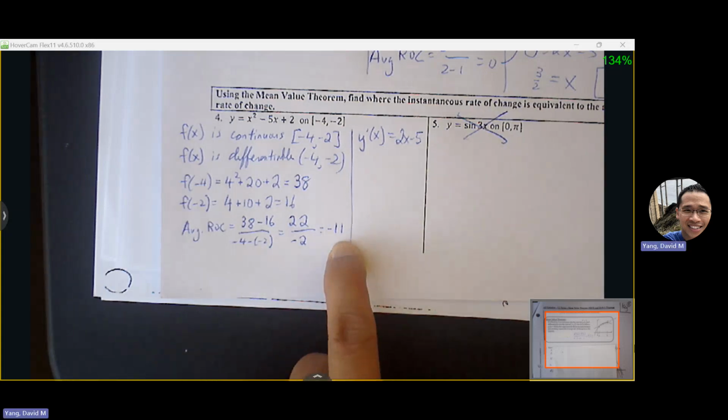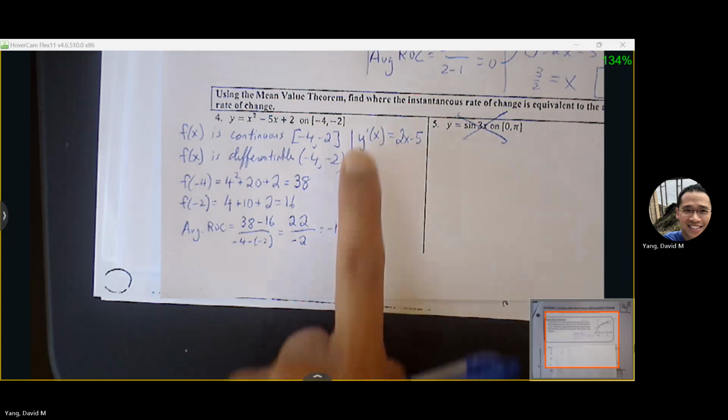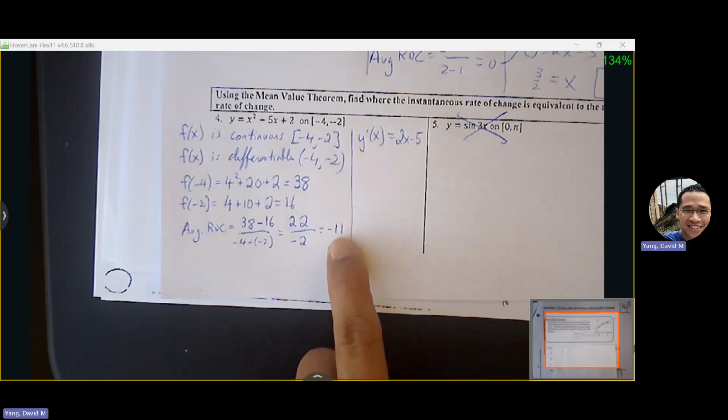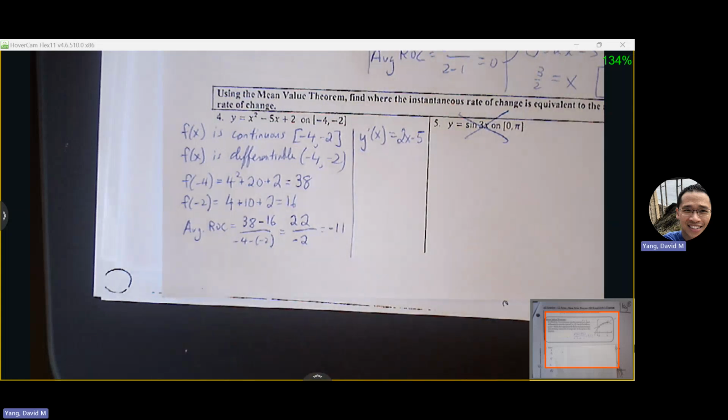Where do we plug -11 into? The y prime, right? This is the slope. That's not location. We're looking for the location. We're trying to solve for x.